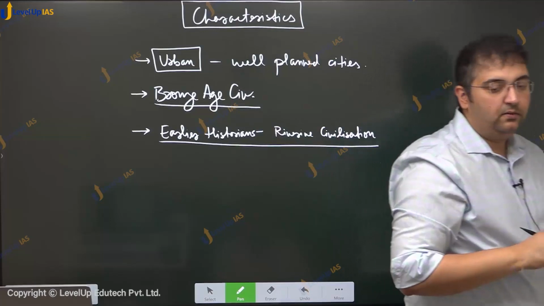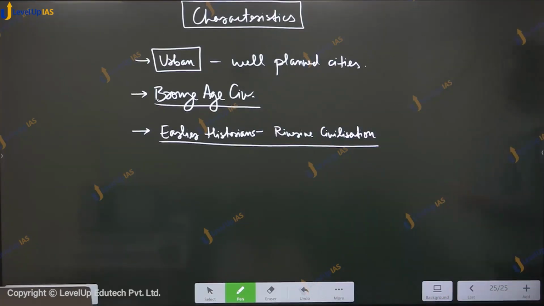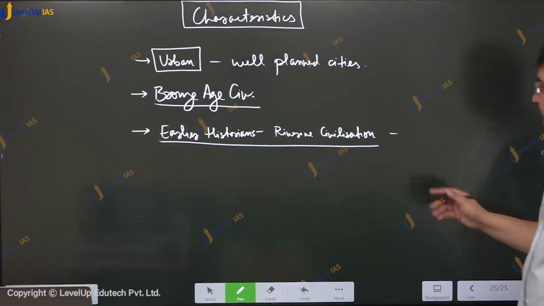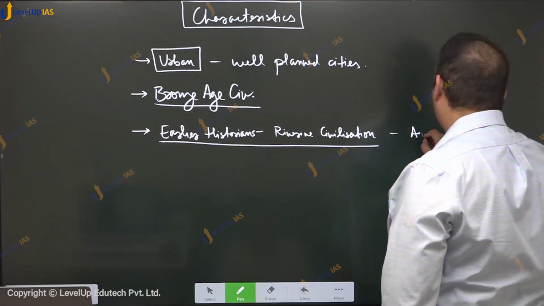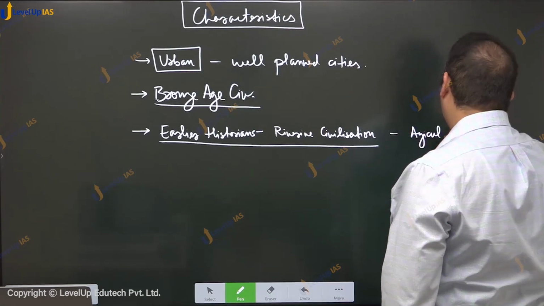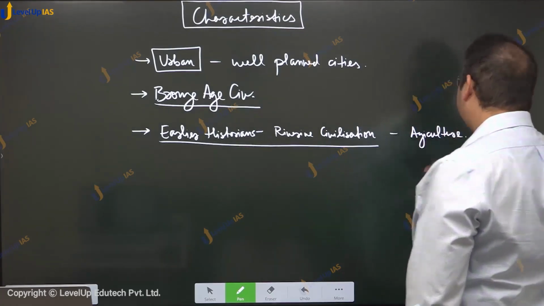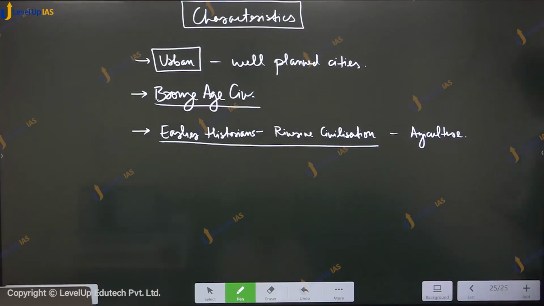And what is the basic factor for the emergence of such a riverine civilization? A large agricultural surplus forms the basis. So the very basis of civilization is agriculture and the surplus that it generates.